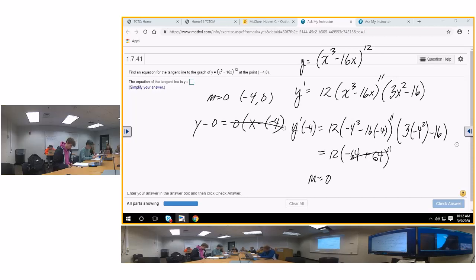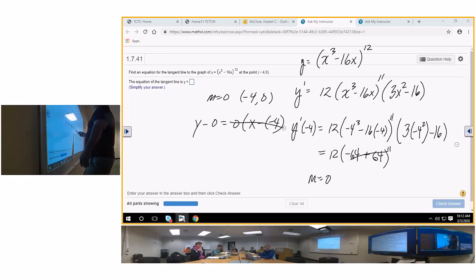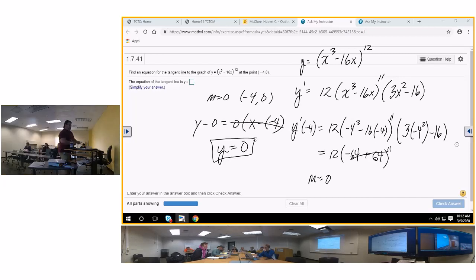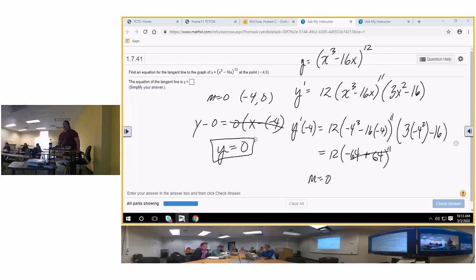No, it doesn't. 0x, doesn't it? Yeah. So y is equal to 0, which is the x-axis. So I don't know if that's what they want, but that's what I see. At least they ought to have made it where the slope is not equal to 0.